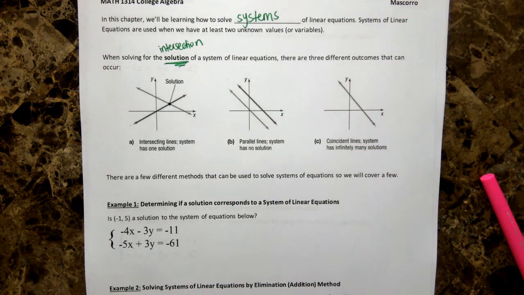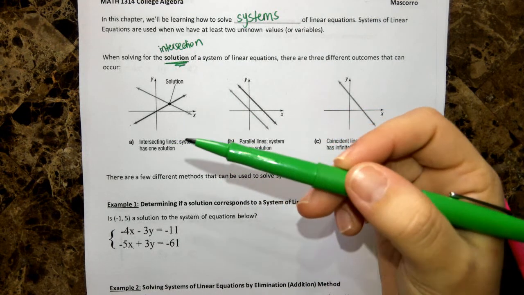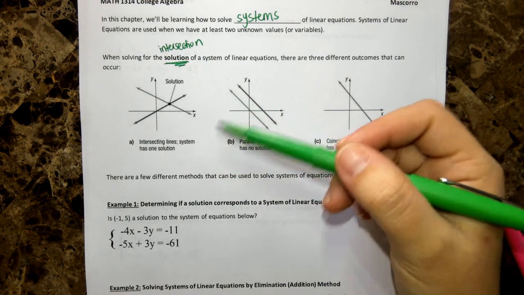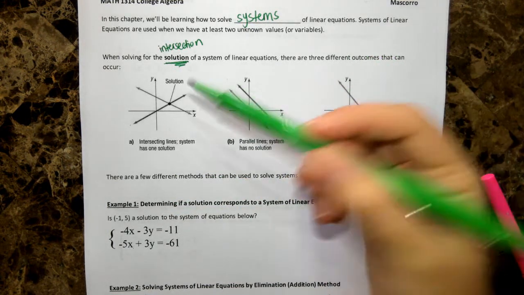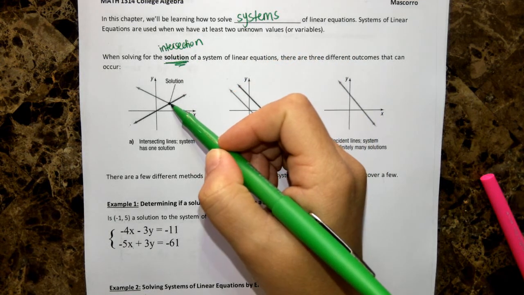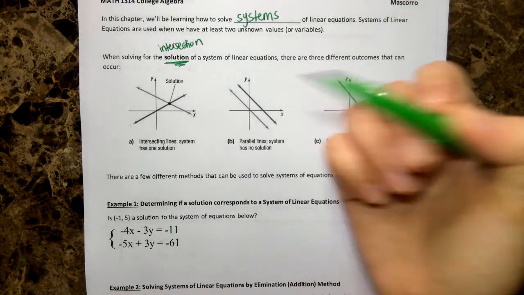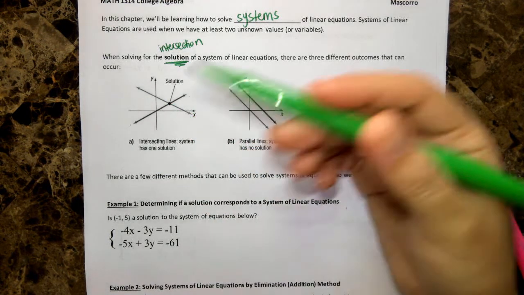You can also think of it as what ordered pair, what values for x and y can you plug into the equation to give you true statements. Either way to think about it is fine. Most people just think about what's the point of intersection. At what point do two linear equations or more intersect? What point do they all contain?